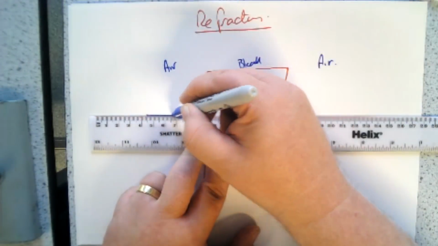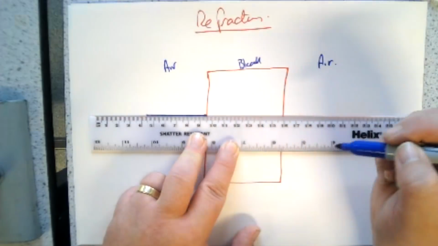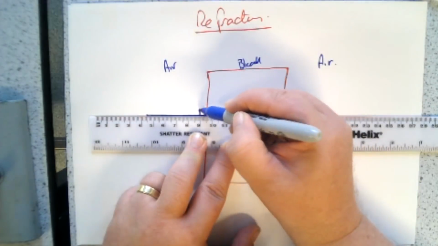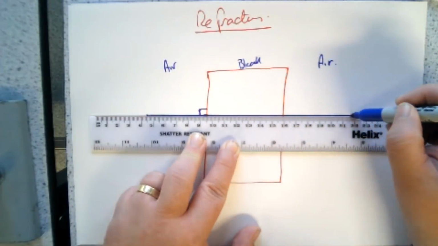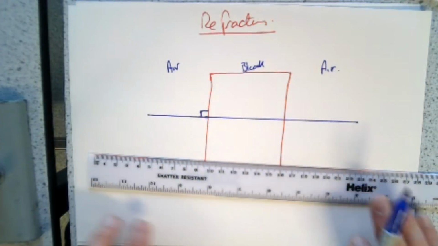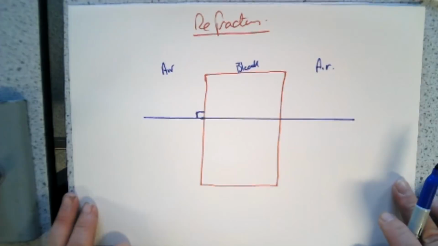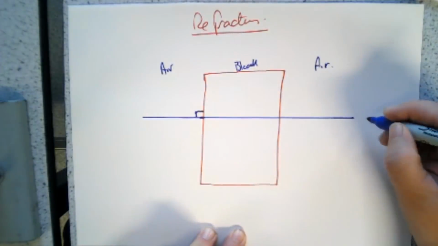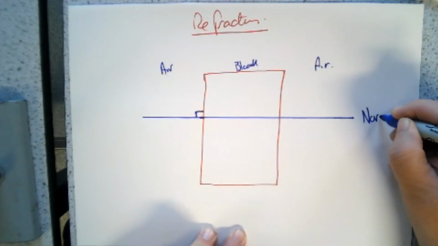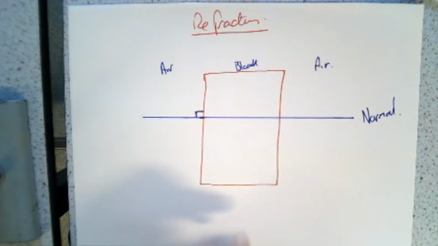So if I shine the light hitting the block at 90 degrees, and we can see here that's 90 degrees, what will happen is it will pass straight through, okay? The direction will not change, okay? Now, that's really important, because that line going straight through is what we call our normal. So when light hits a surface at 90 degrees, it travels straight through it when we're looking at refraction.